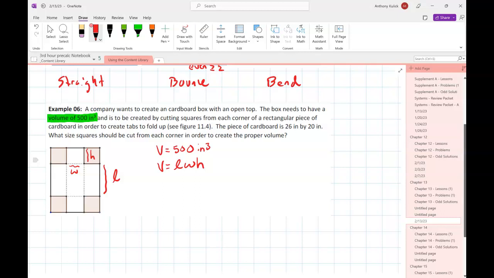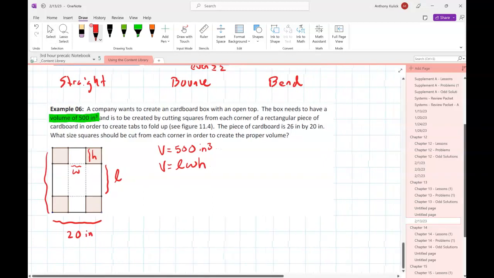So it says then the piece of cardboard is 26 inches by 20 inches. So I'll go ahead and label that.